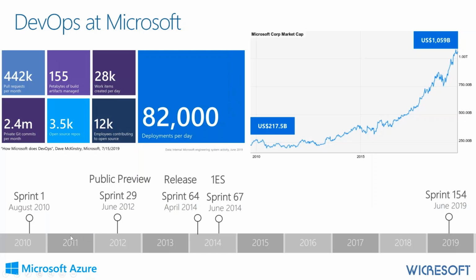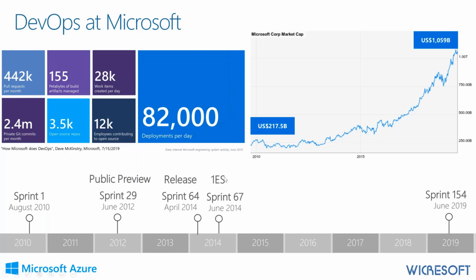They started with DevOps around 2010. It isn't really until 2014 when Satya Nadella comes in and truly commits as leadership to DevOps. He came from the engineering organization, so it was easier for him to explain the importance of this to the rest of the organization.